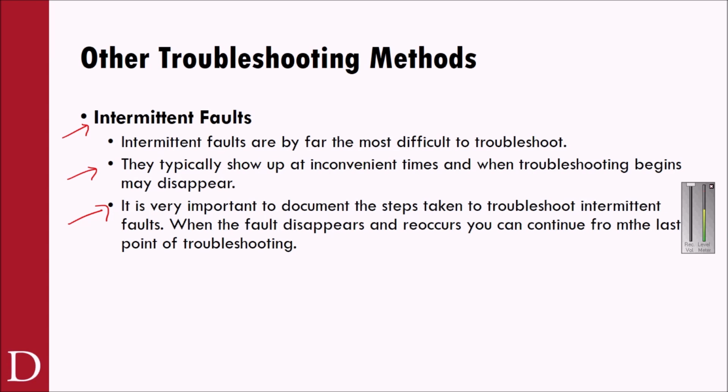But assuming all the indications are the same, then go ahead and start where you left off from the last time that you troubleshot. Because if you begin troubleshooting from the beginning, it's very possible you've gotten 6 steps into troubleshooting and the fault will go away again. So if you restart every single time, that can be problematic.